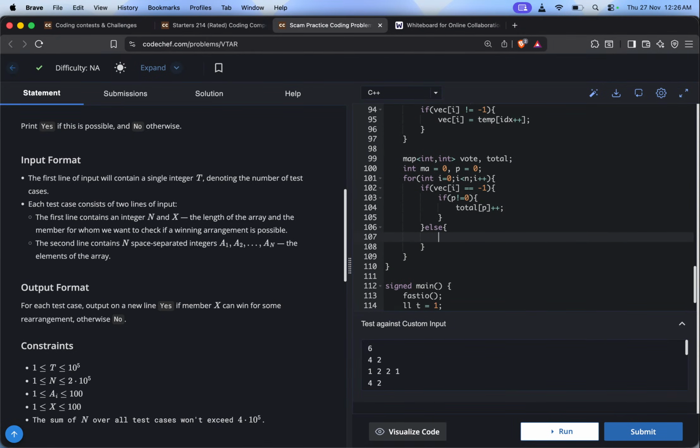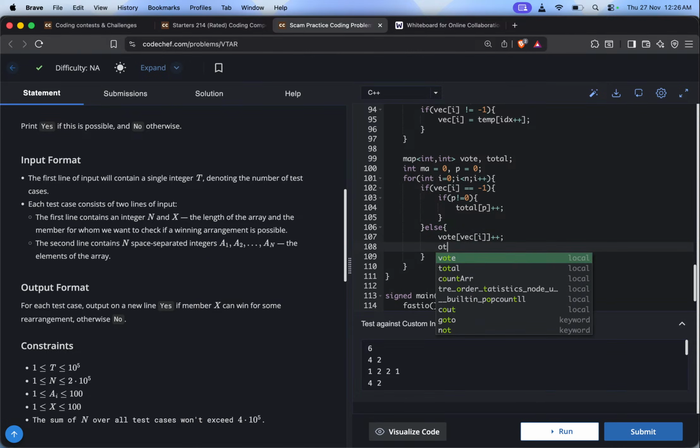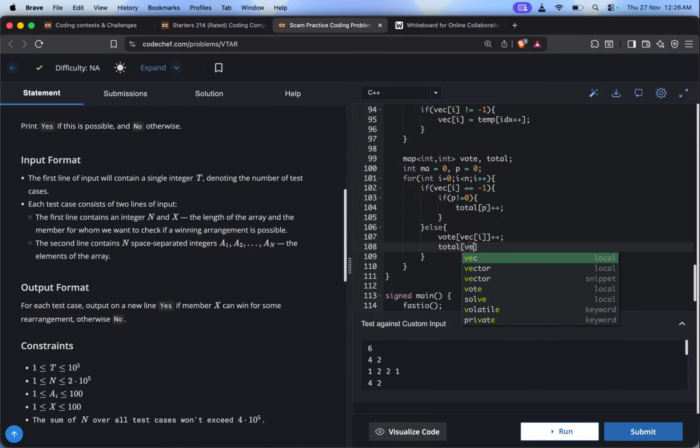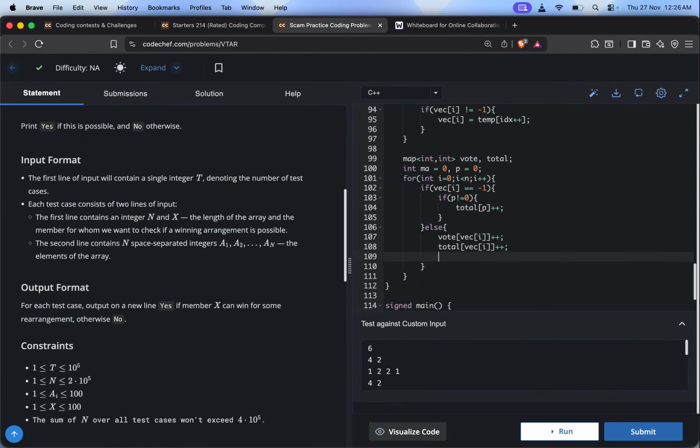If it is not minus 1, then whatever that person is, he gets that vote. The total vote of this person also increases. If the current maximum is smaller than the vote of the current person, then the maximum value changes and the person also changes.